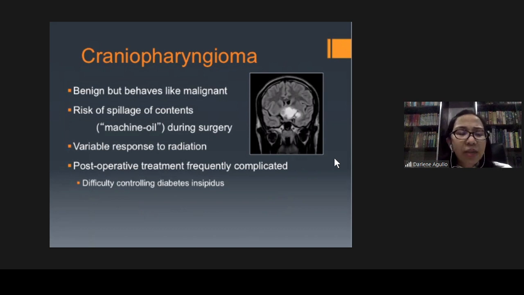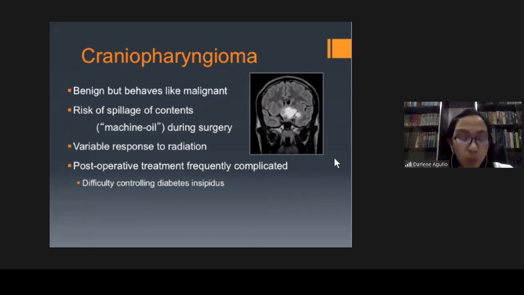The response to radiation is variable, and post-op treatment is frequently complicated, and this is mostly due to difficulty controlling the diabetes insipidus. Kaya I prefer my patients, no, to be operated on in higher centers in Manila kung craniopharyngioma kasi nga mahirap.